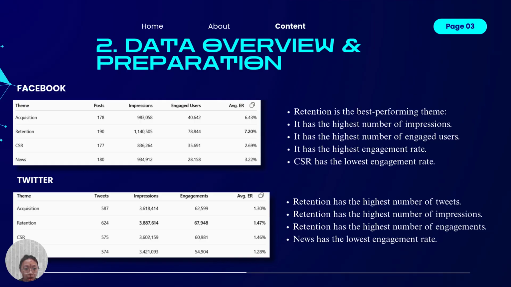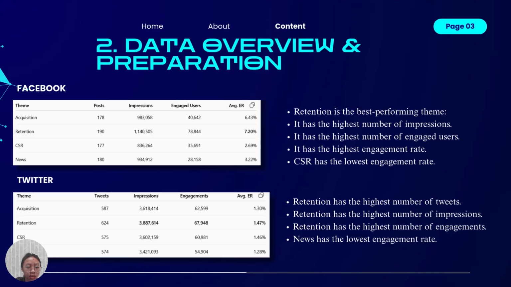On the flip side, the CSR theme recorded the lowest engagement rate at 2.69%. And moving to Twitter, the lower table.